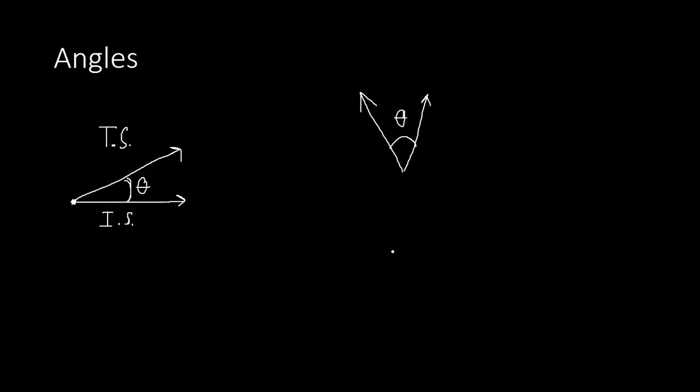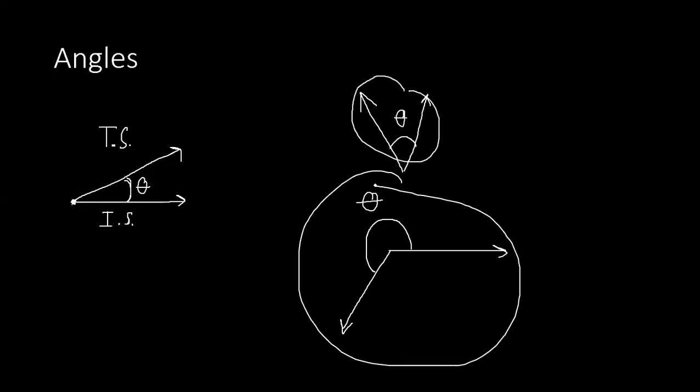Then there are moments where the angle looks like this one. Then we have this one. And the angle formed here is actually this one. You see, there are moments where angles would look like this, and other illustrations of how angles are formed.